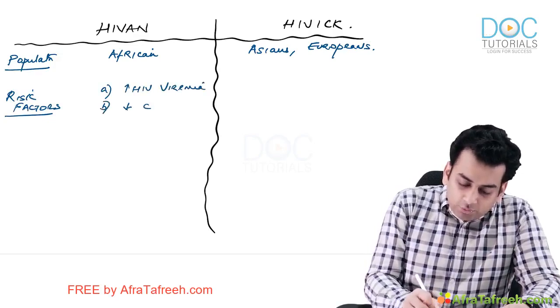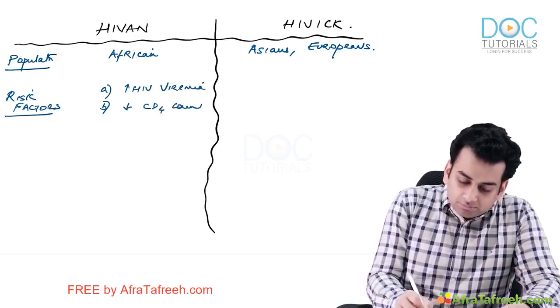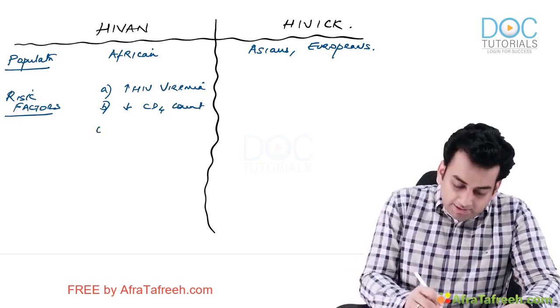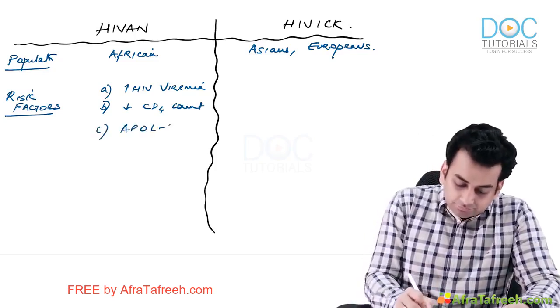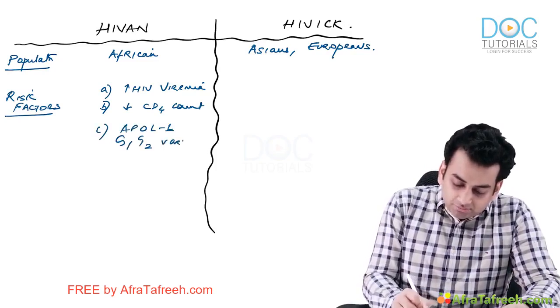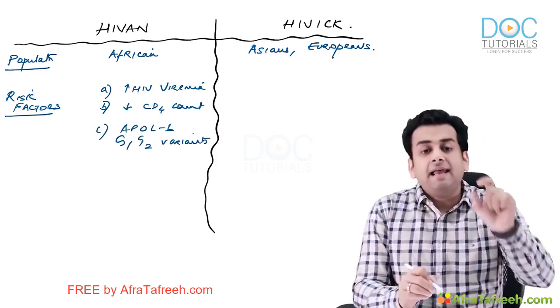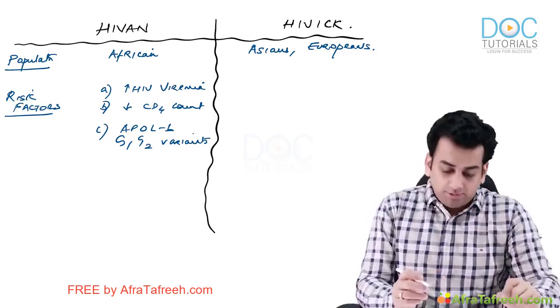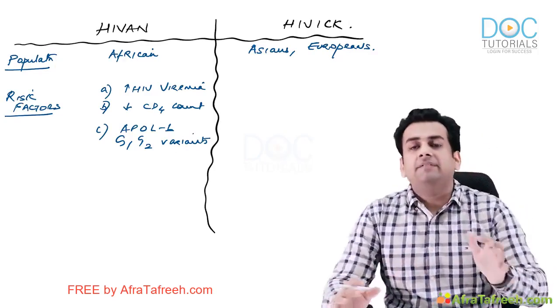It is the low CD4 count. It is the APOL1 G1, G2 variants, which are again very, very important. These are the risk factors of HIVAN.